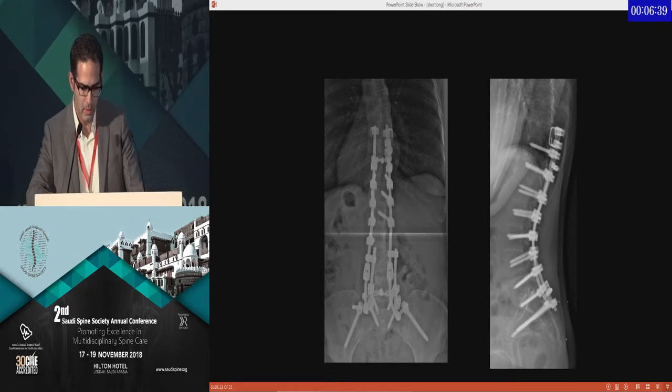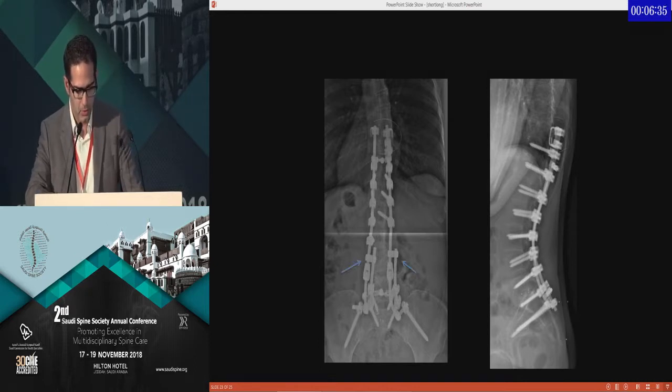This is my, not the last one, just a before picture to show you that, of course, it's advisable now when we do an important surgery for ASD to do a multi-rod construct.